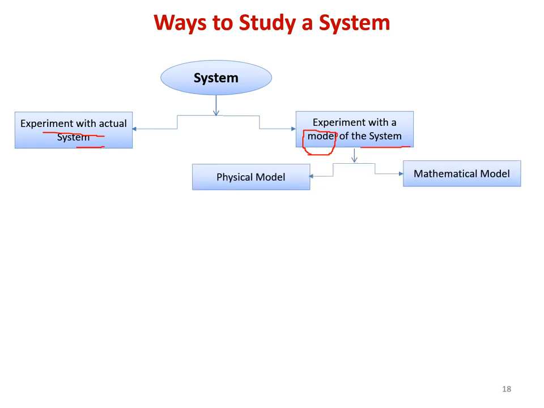And as we saw in the previous slide, there can be multiple types of models. Two of them are used here for the further discussion. One of them is the physical model, which actually means a simplified version of the system that describes the essential functionality of the system to a reasonable extent.